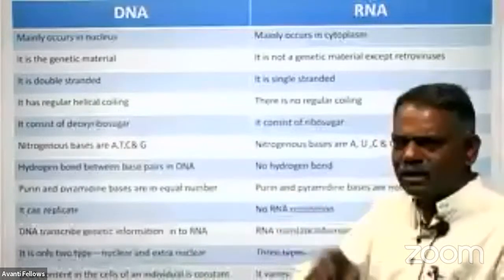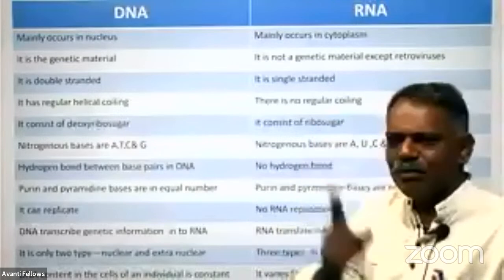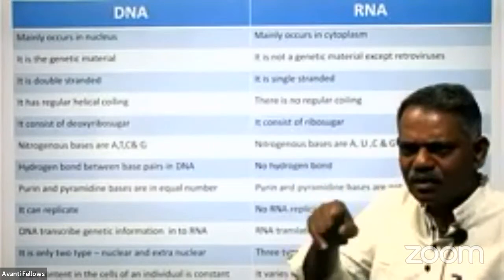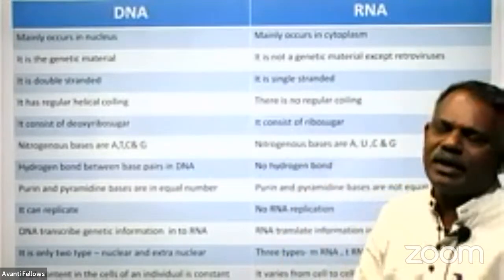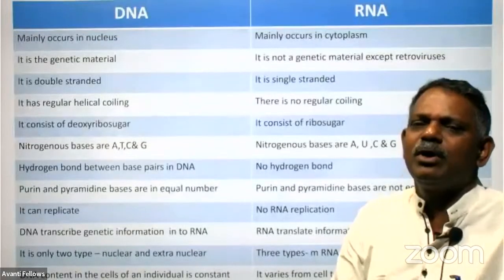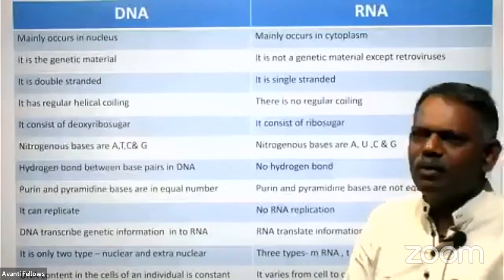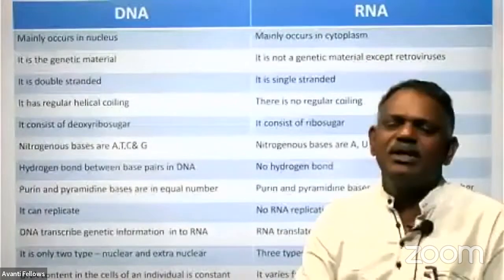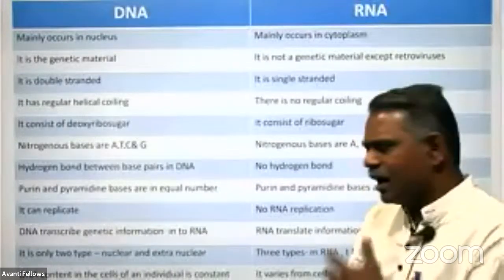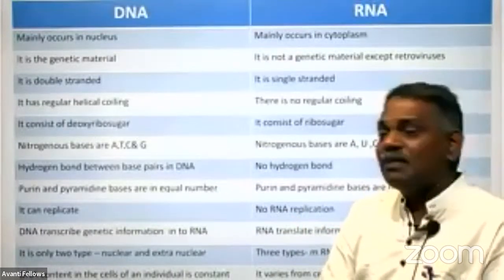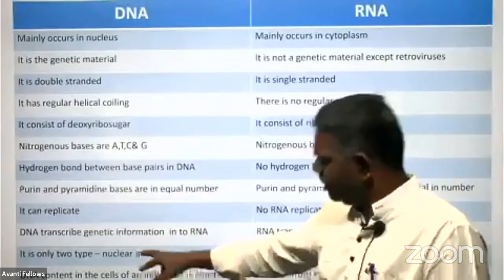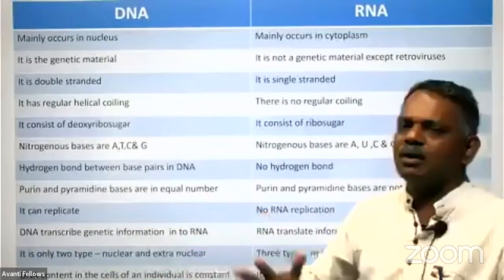As I told you, plastids and mitochondria are autonomous cell organelles having circular DNA in them. That makes these two organelles autonomous, because they are able to produce the enzymes, not depending at all on the nucleus, to perform cellular respiration in mitochondria or photosynthesis in chloroplast. They are self-sufficient. We call them autonomous, and there are two types of DNA: in the nucleus, and extranuclear, meaning in the autonomous cell organelles.